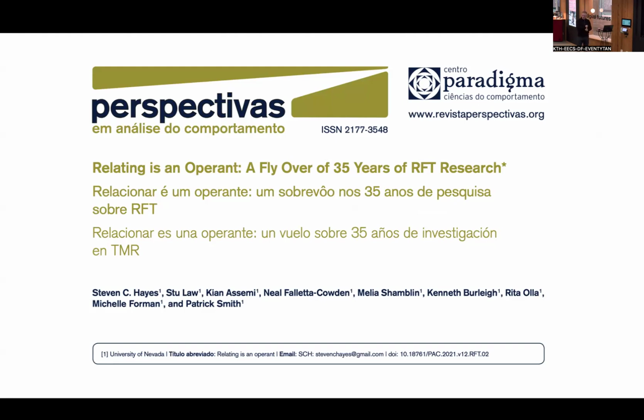Relating is an operant, meaning relating in itself is a learned behavior. All these examples that we saw were instances of operant conditioning: the rat with the music type, the monkey, the dog, and the sea lion. Different advanced levels of operant conditioning.